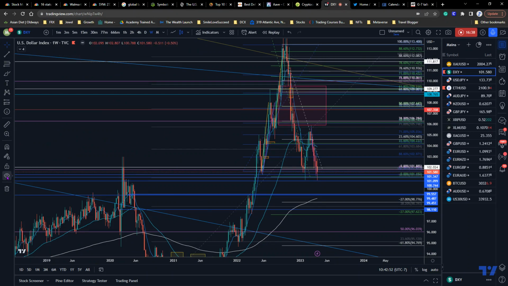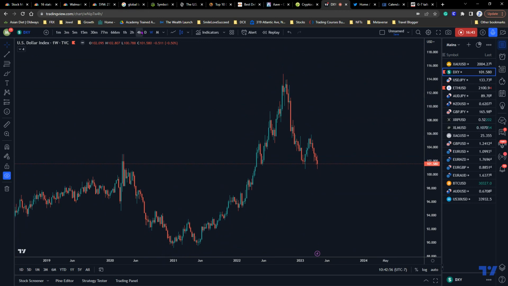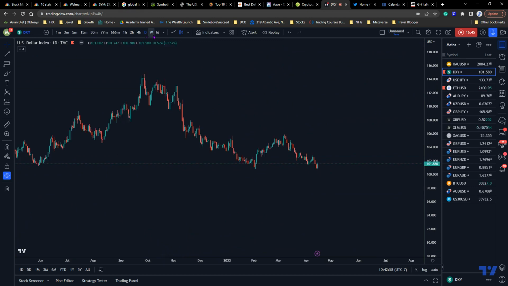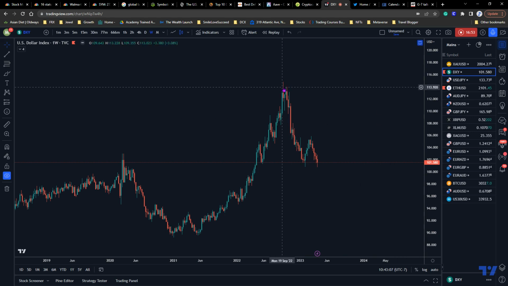I'm going to go out here to the weekly, actually, clean out the chart. Okay, so it's clear to see here on the weekly that we've had a strong bearish move to the downside.